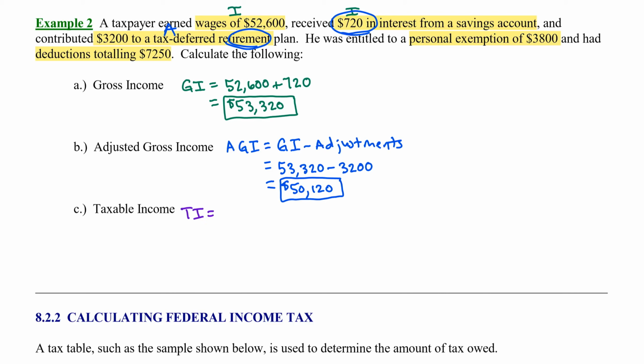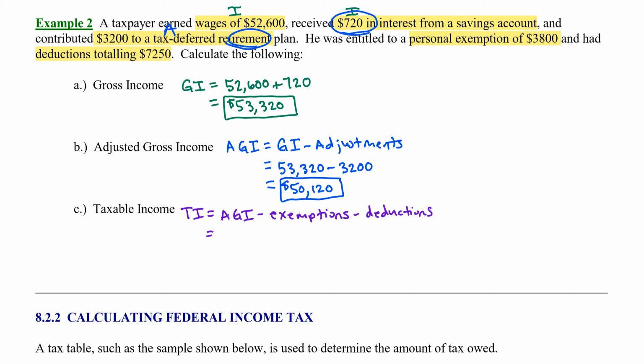So his taxable income, remember, is his adjusted gross income that we just calculated minus exemptions set by the government, which may change from year to year, and deductions also set by the government, which may change from year to year, but remember we have the option of itemized deductions.